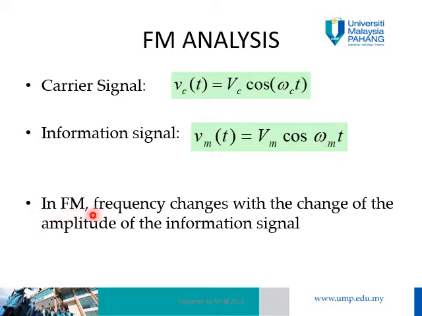In FM, the frequency changes with the change of the amplitude of the information signal. The amplitude of the information signal is Vm. So we will see how this Vm can change this omega c.